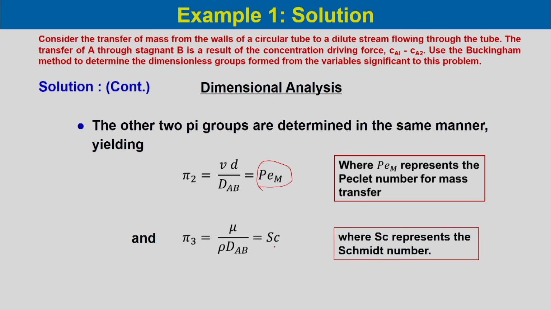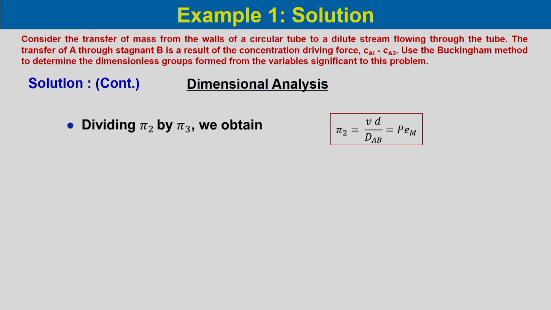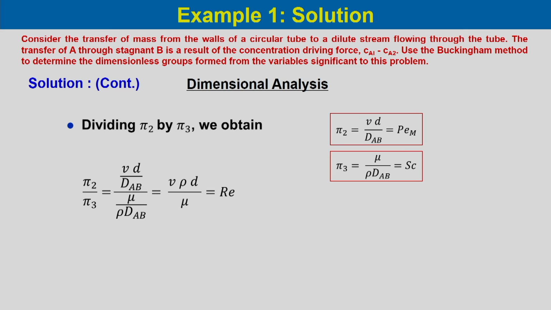Here, Sc represents the Schmidt number in mass transfer. In a similar way we get 3 dimensionless numbers. If we divide pi 2, the Peclet number, by pi 3, the Schmidt number, we will get the Reynolds number.